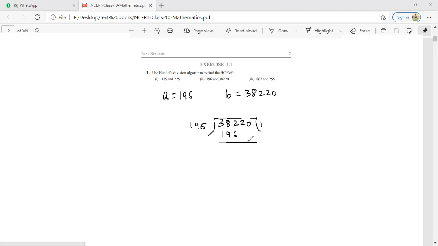If you check it, this 196 is divisible. 196 ones are 196. So we can do it one time, but we have to multiply by 195 again. Then what will be left here? 196 to 220 minus 196. We should write here 196.